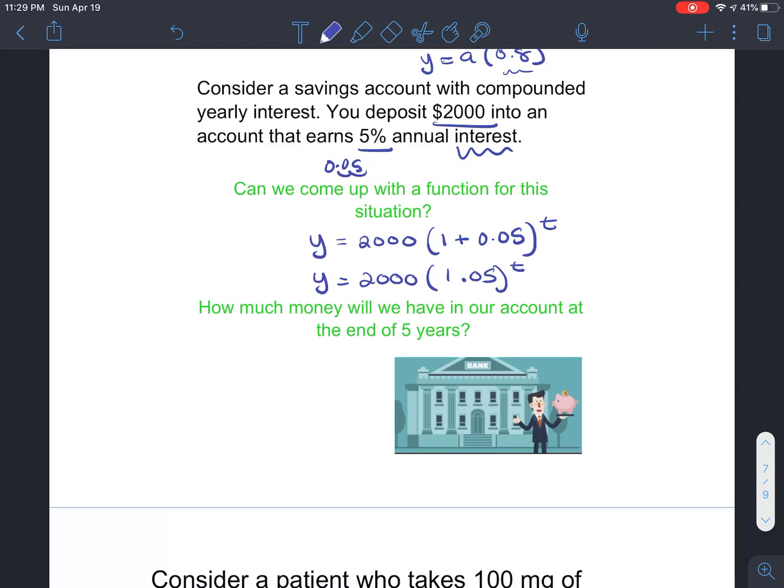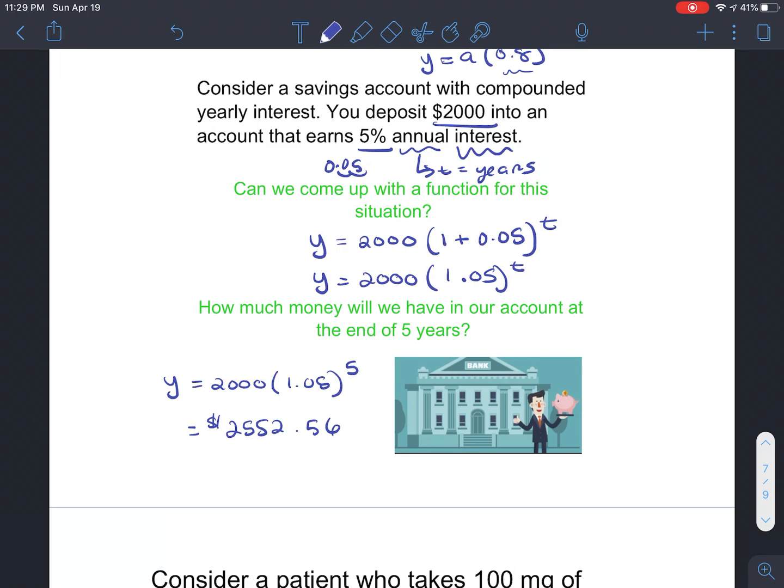Okay, that's a rule. How much money will we have in our account at the end of 5 years? Well, I'm going to plug it in. T, in this case, it's annual interest, so my t is in years. So I can just plug in 5 directly into my exponent. And when I do so, I get the amount 2552.56.